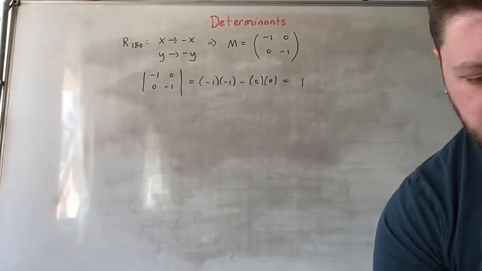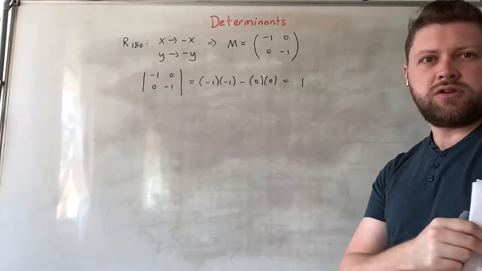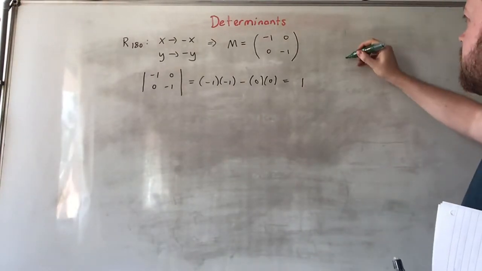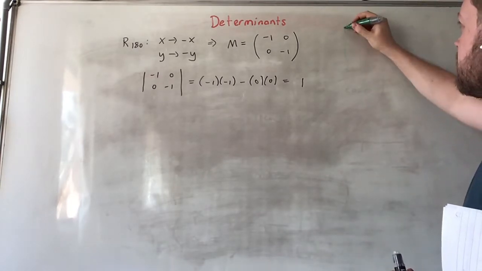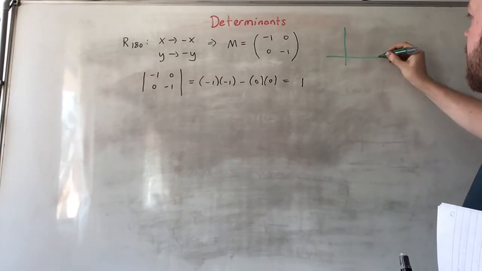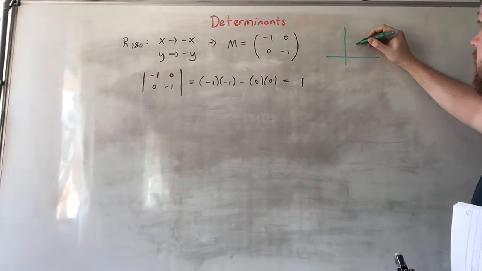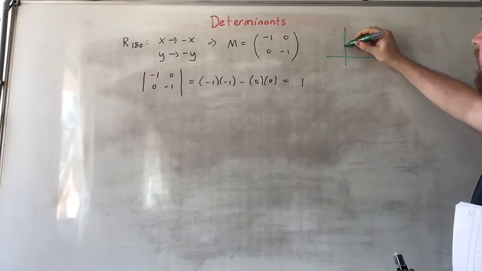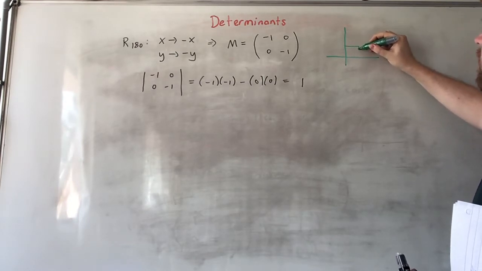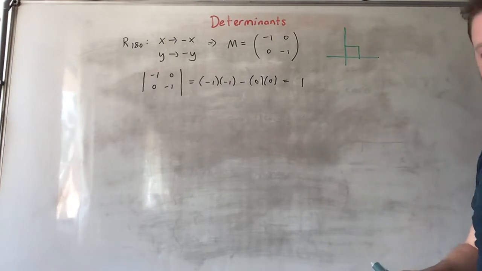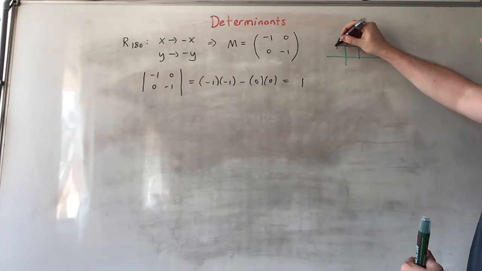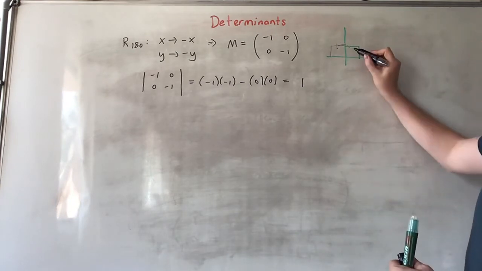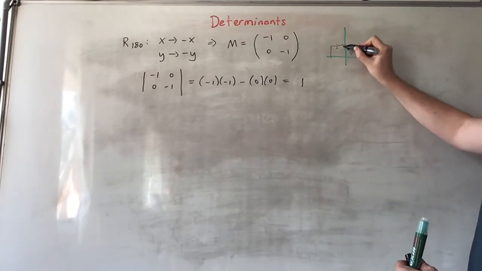But we would expect as much. Because if you think about it, if you take an area and you rotate that area around here to that position there, the area does not change.